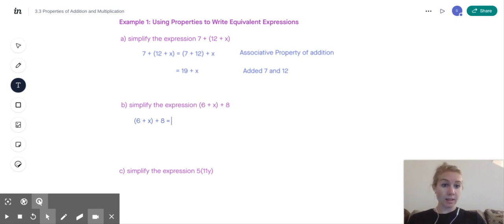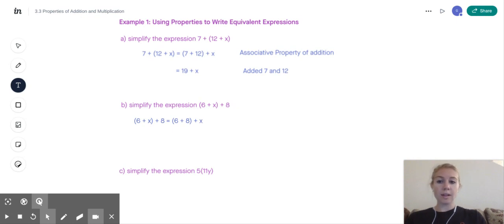Because the goal is to get both of the like things together. In this case, we have two numbers in our expression, so we want to get the numbers inside the parentheses together. Well, for this one, we need to change the order. We need to flip around this x and the 8. So my expression will then read (6 plus 8) in parentheses, plus x.